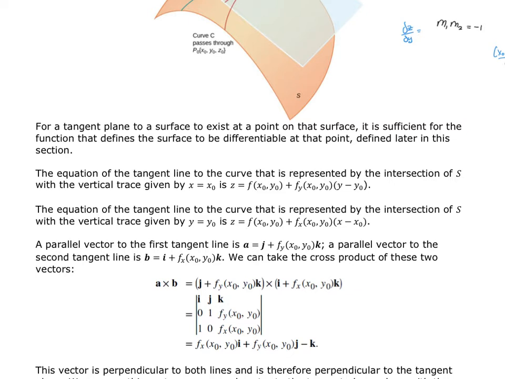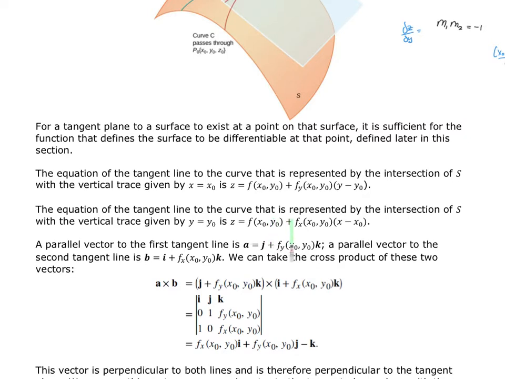So let's see what it means to have an equation of a tangent line. The equation of the tangent line to the curve that is represented by the intersection of S with a vertical trace given by x equals x naught would be z equals f of x naught, y naught plus the partial derivative with respect to y of x naught, y naught, and then y minus y naught.